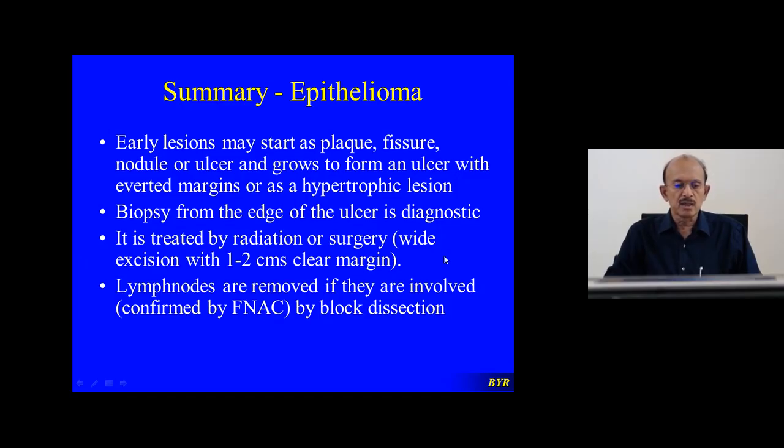What do you understand by block dissection of lymph nodes? It's radical. Means what? What do you remove? What are the structures that are removed there? Tell me.